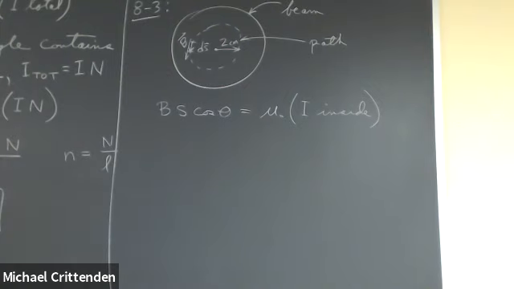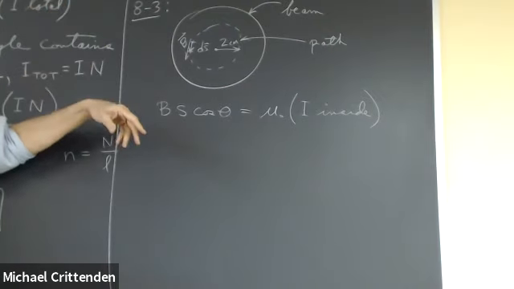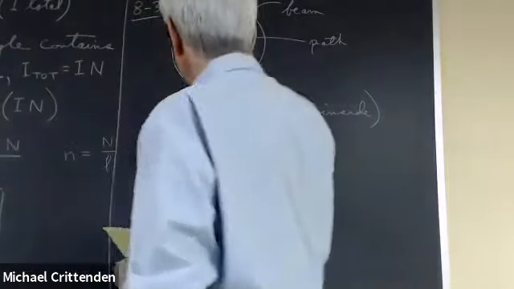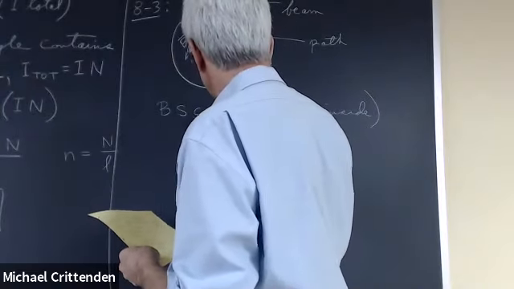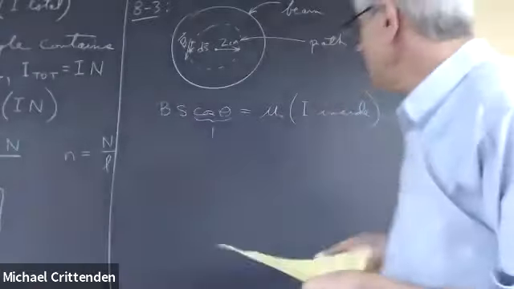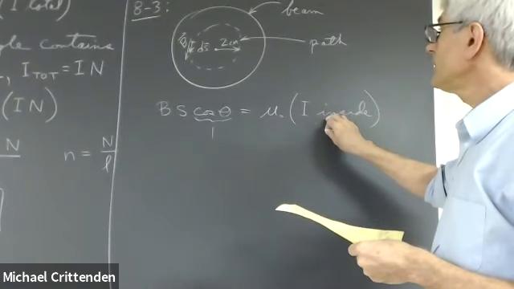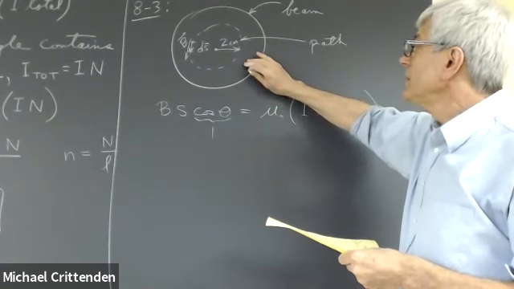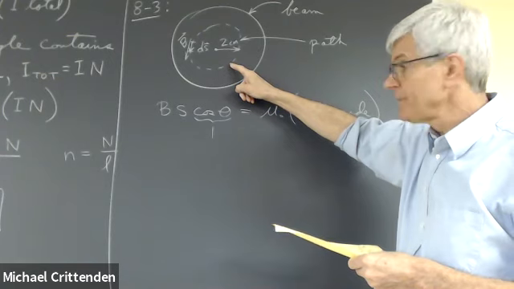No need to divide it up into several parts like I did with number 2. B is constant all the way along the path, theta is constant all the way along the path, so we can just say that the strength of the field times the length of the path times the cosine factor, which is just equal to 1, like I was saying a minute ago, is equal to mu naught times the amount of current, not the total current in the beam, but the amount of current that passes through the interior of my path.